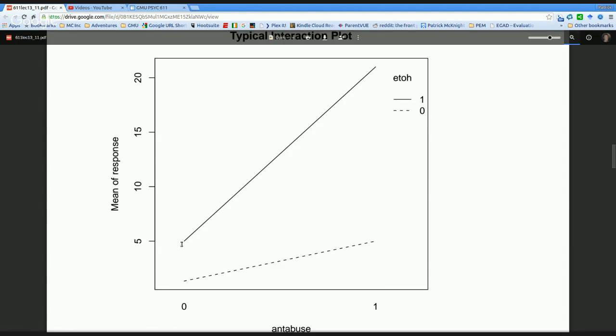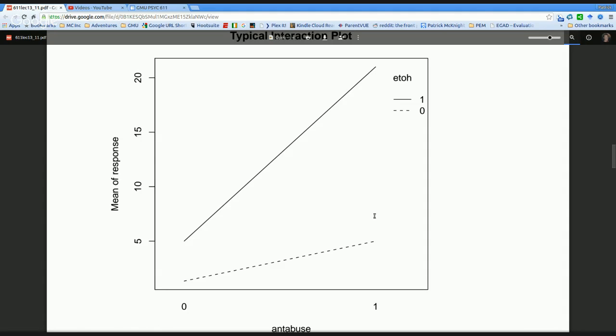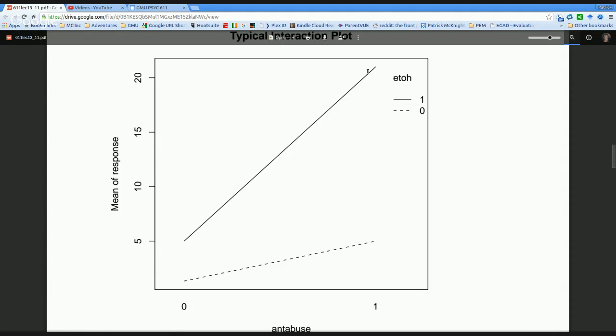So what is this telling us? The interaction is telling us that there is a significant difference in terms of the combination of these 2 variables. Remember, it's alcohol and antabuse. It's the and. And what it's saying is that this effect, the combination of the 2, is substantially different than what we'd expect from either one of these main effects.